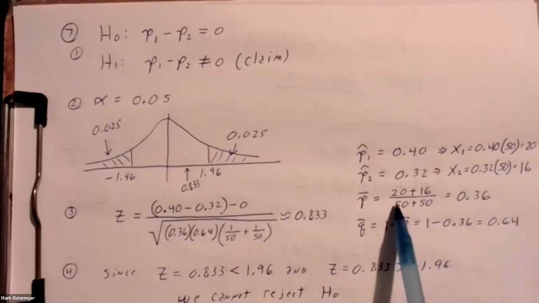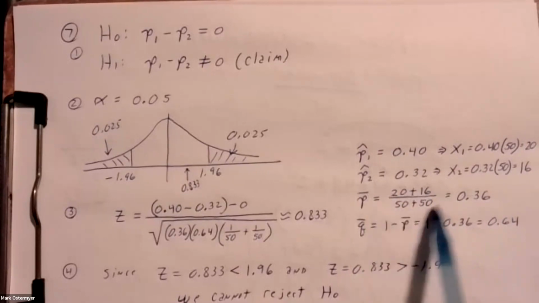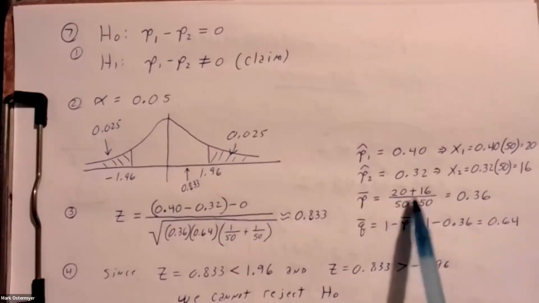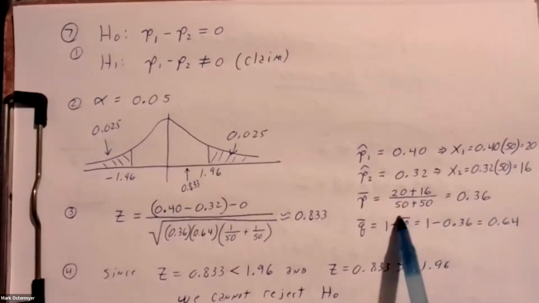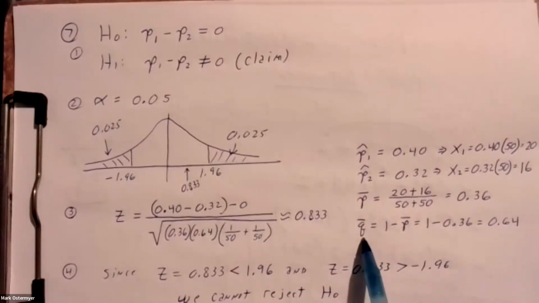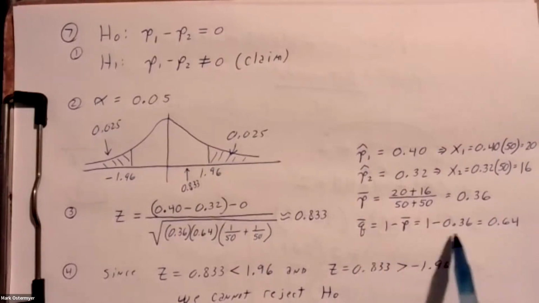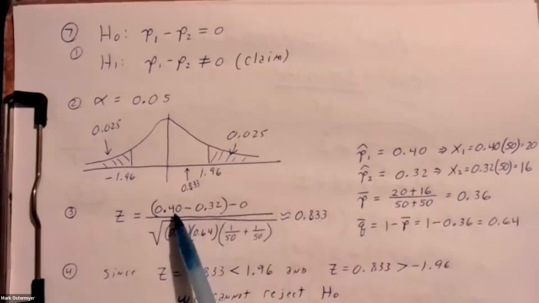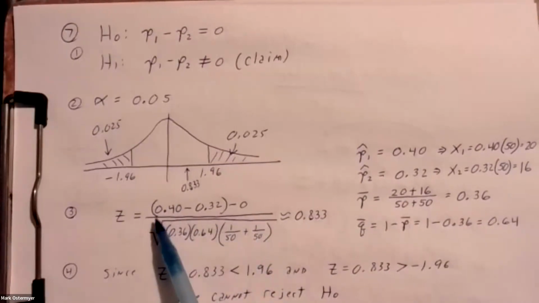You need those values because you have to find your weighted p bar value, which is necessary for your test statistic. So 20 plus 16 divided by the sum of the sample sizes is 0.36. The complementary value of p bar, which is q bar, is 1 minus 0.36, 0.64. Now we're able to put things into the test statistic formula here.